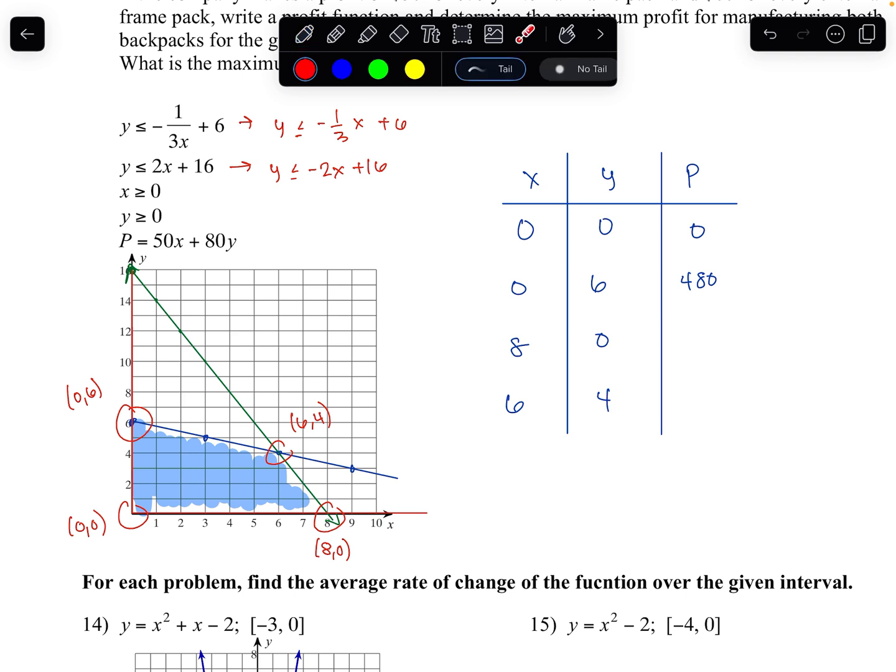If I plug in 8 for x and 0 for y, that's going to become 0, but 50 times 8 is 400 for that. And then when I plug in 6 for x, 50 times 6 is going to be 300, and 8 times 4 is 32, so plus 320.